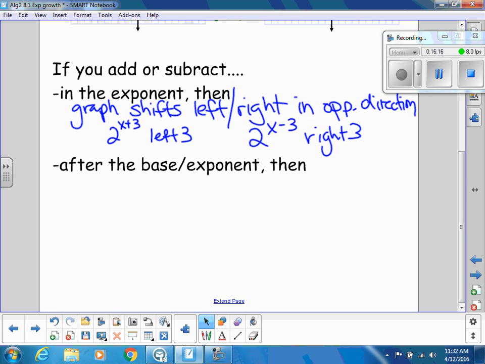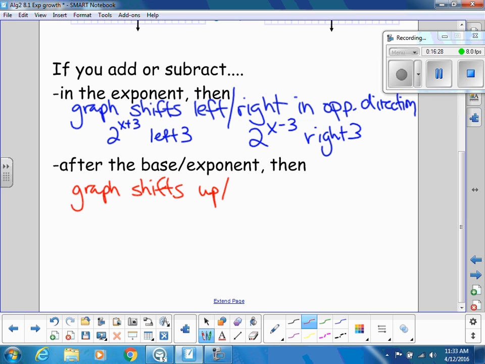And then if we add or subtract after the base with the exponent, so the k value, that means that the graph shifts up or down depending on the k value.